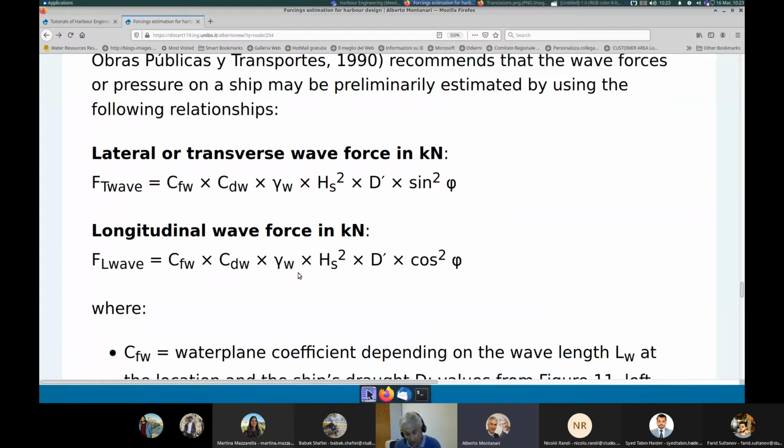So the problem is reduced and it's tackled with a very simple approach. Two formulas for transversal forcing and longitudinal forcing, depending only on wave direction, wave height, and a characteristic dimension of the ship. So you understand that this is a simplified approach, okay? But it is very useful to get an order of magnitude and to make a preliminary design if needed.